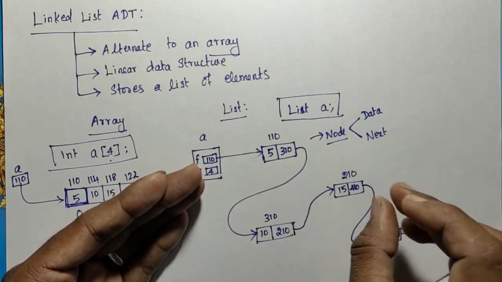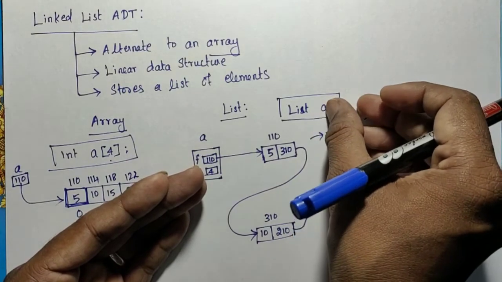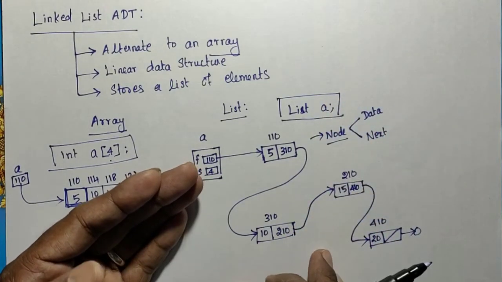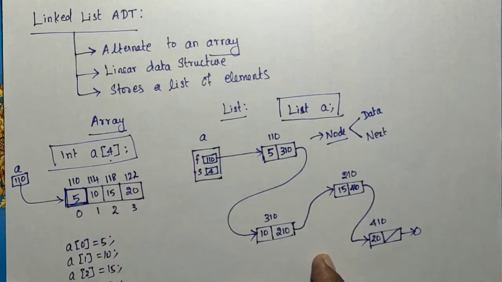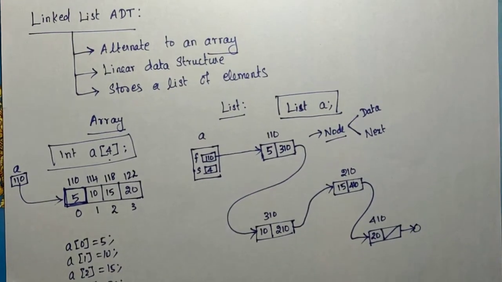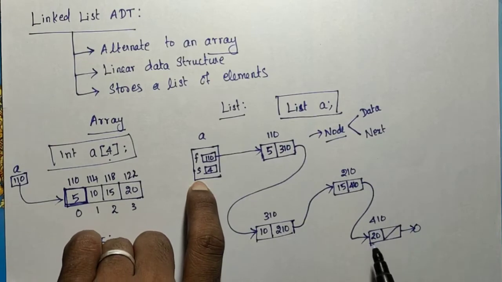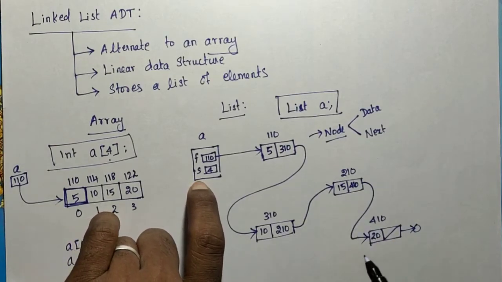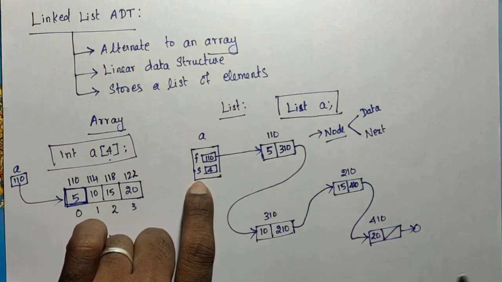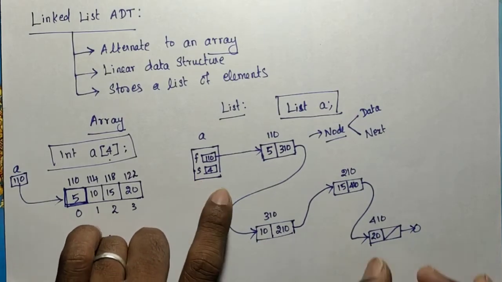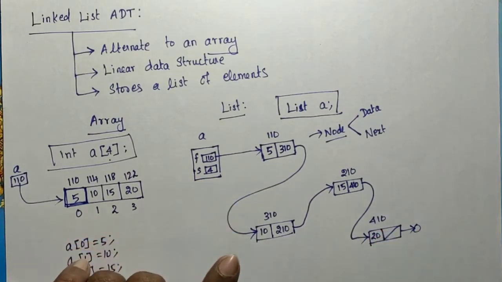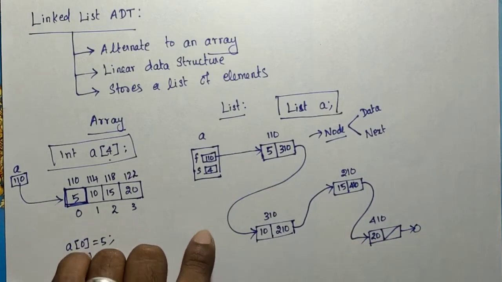At the time of inserting a new element to A, only then the memory for that element will be created. If you want to add one more element, 25, to the list, it is possible now. At that time new memory will be created for 25, and that node address will be added at the end and linked to the list.